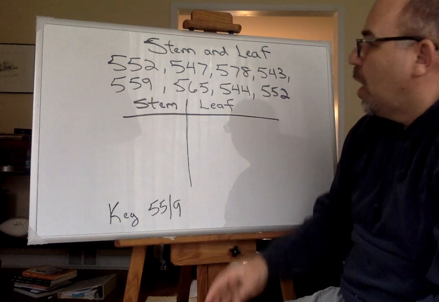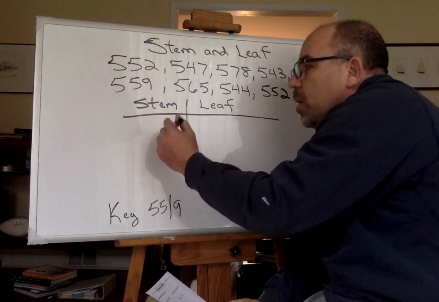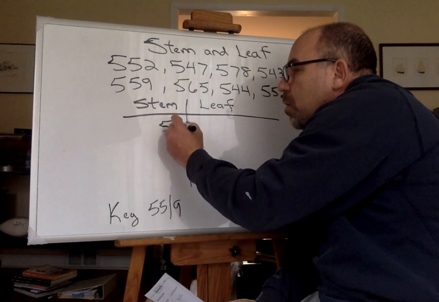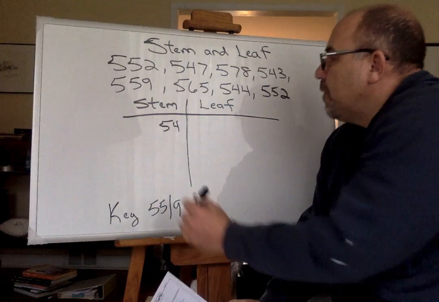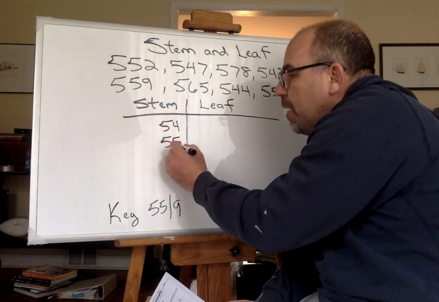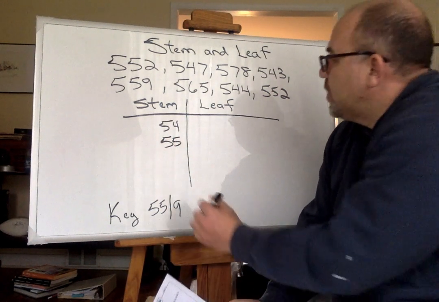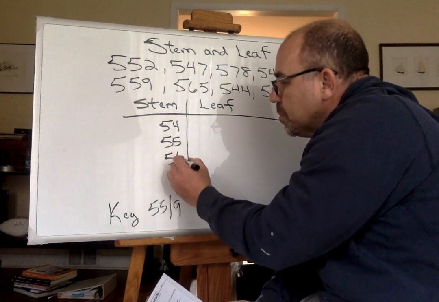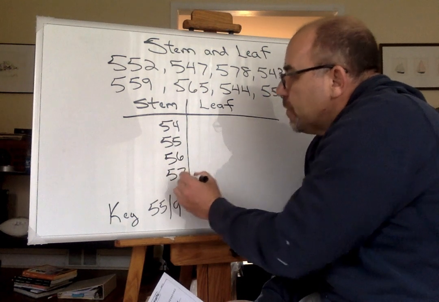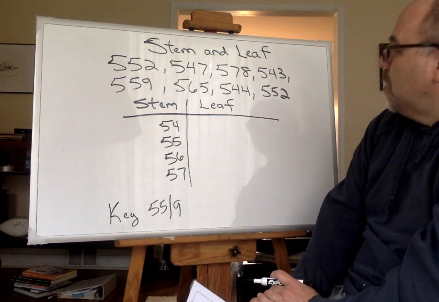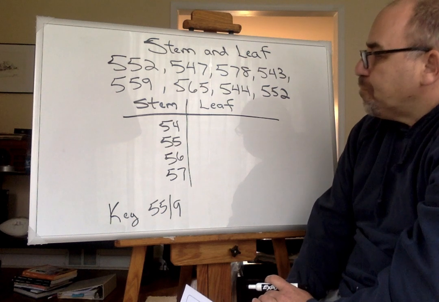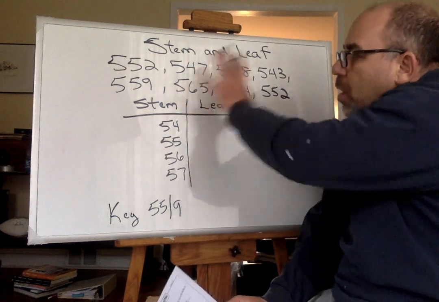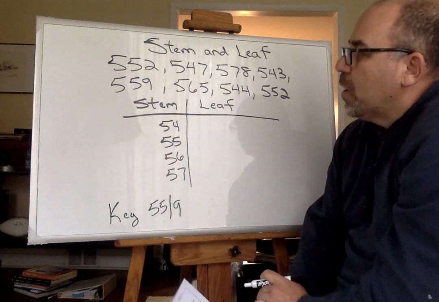The lowest I have up there, ignoring the ones, is 54. I have a 55, I have a 56, and 57. Nothing more than that. I don't have to do them in the order that they're written up here. I can just do them one at a time.